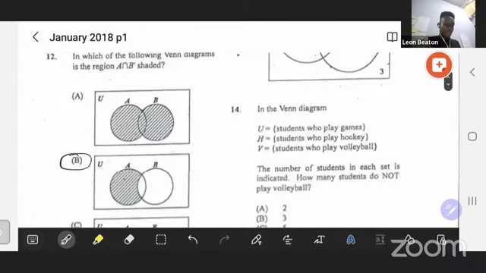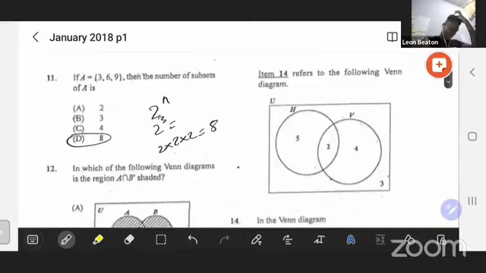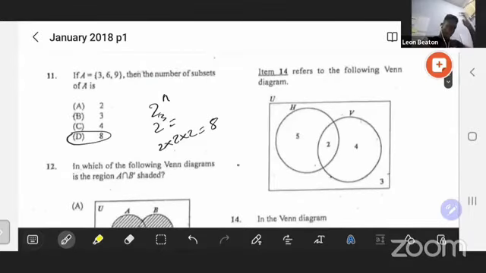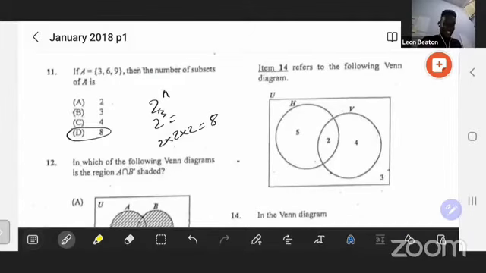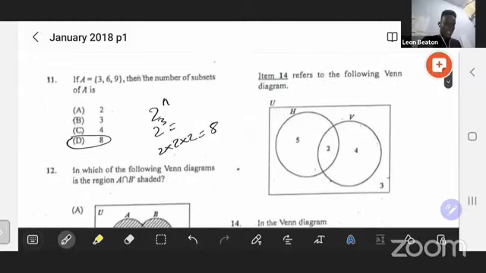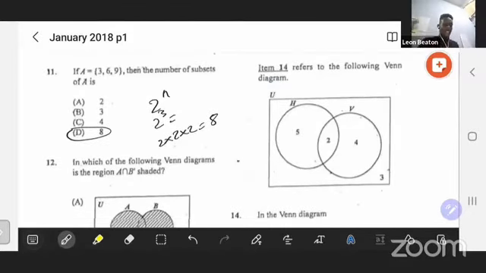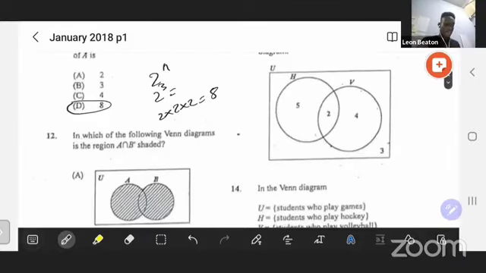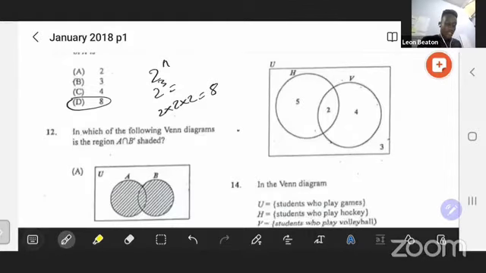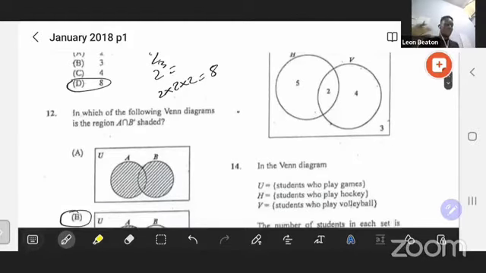Where are we? Number 14. Number 14 says, item 14 refers to the following Venn diagram. We have a Venn diagram here, and U, the universal set, represents students who play games. H is the students who play hockey. V is the students who play volleyball.